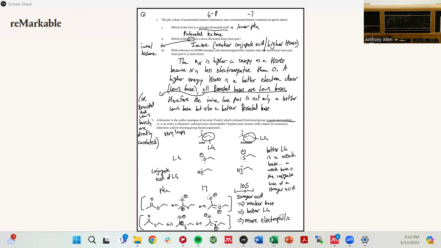Sulfur lone pairs in what kind of orbital? 3p. Overlap between 2p with 2p is going to be stronger than overlap of 3p. 3p. 2p. So that's better overlap.